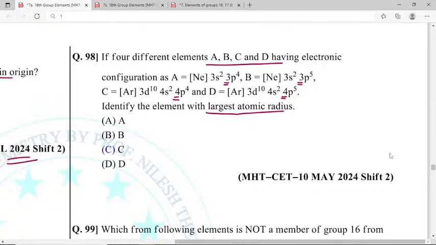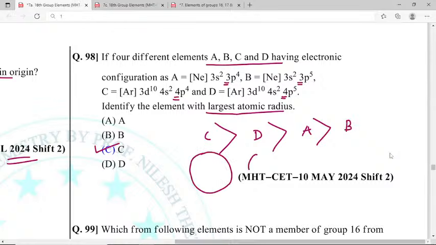So 4 is a bigger size, so C has a large size, then D, then A, and after A, B. So C has the biggest size. Get it?